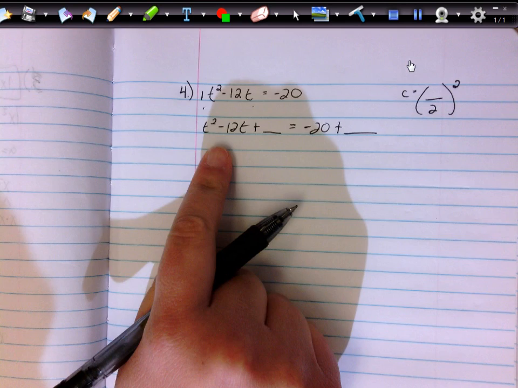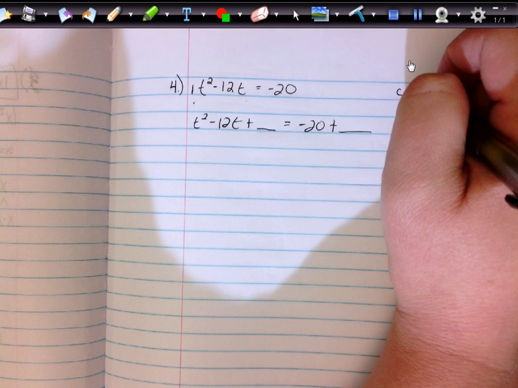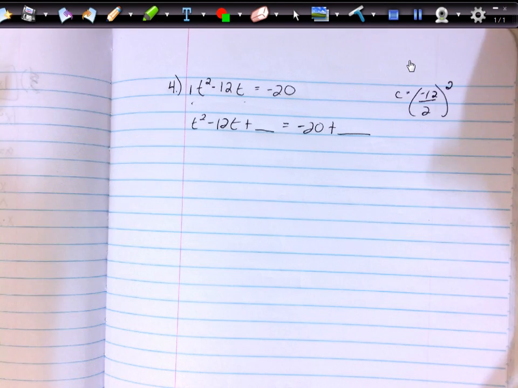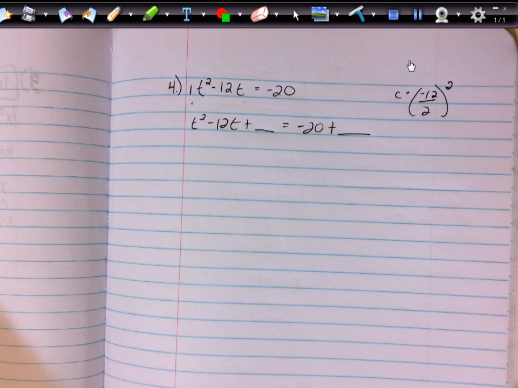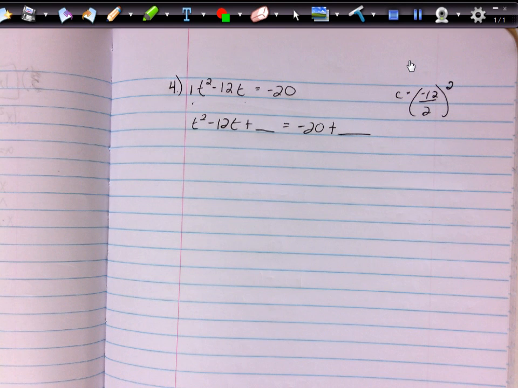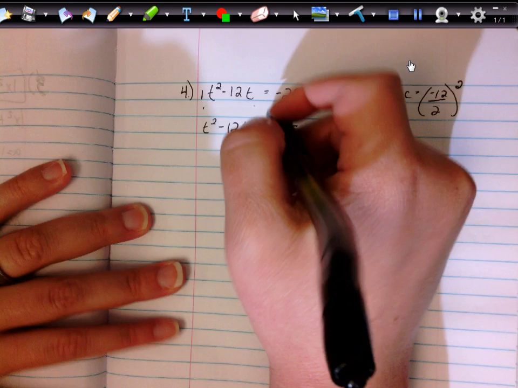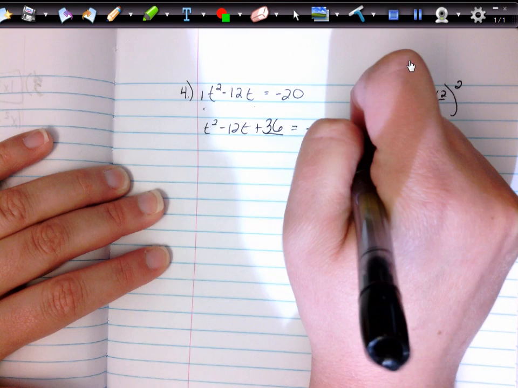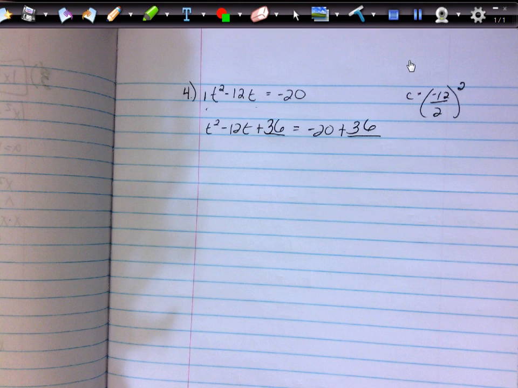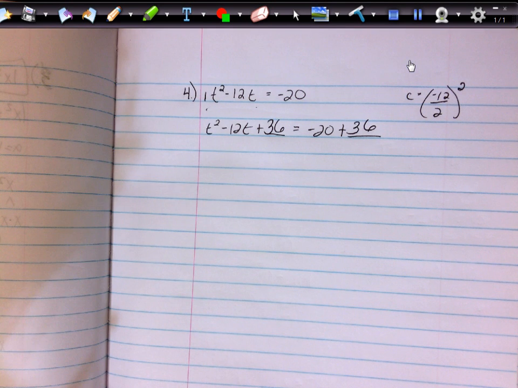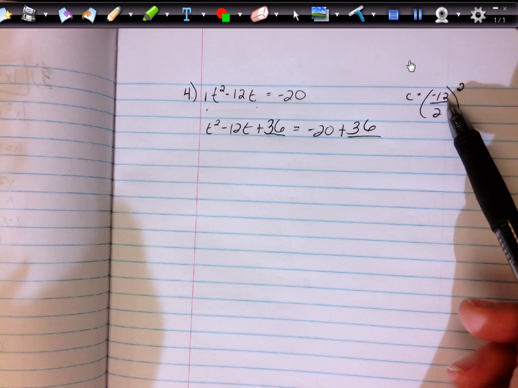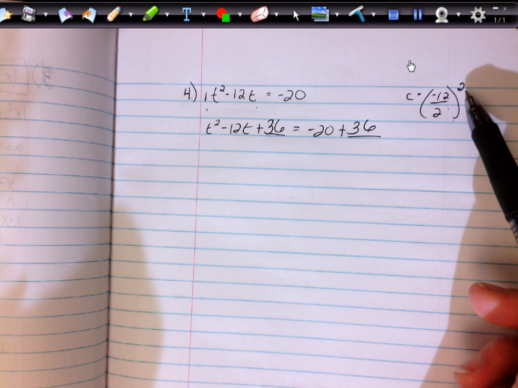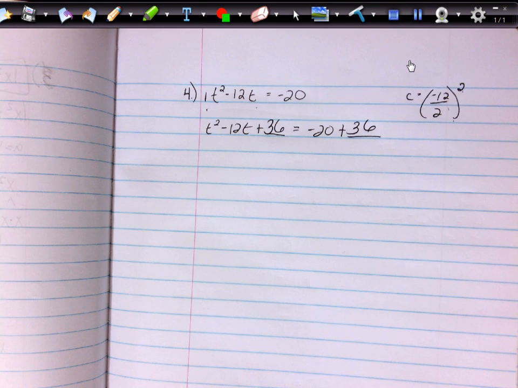My b here is negative 12, so I'm going to say negative 12 divided by 2 squared. Negative 12 divided by 2 is negative 6, and negative 6 squared is 36. So I'm going to add 36 to both sides. And I got that 36 by saying negative 12 divided by 2 was negative 6. Negative 6 squared was the 36.